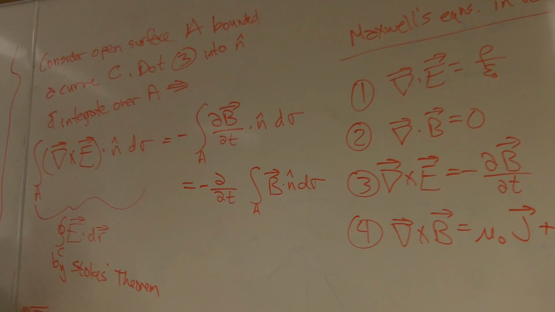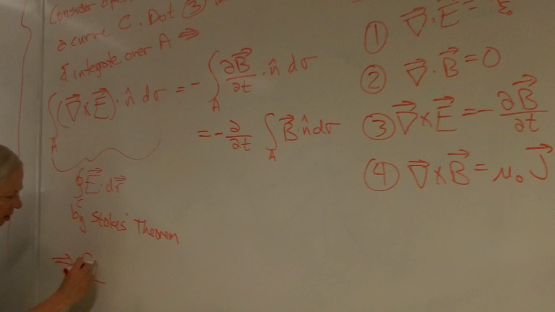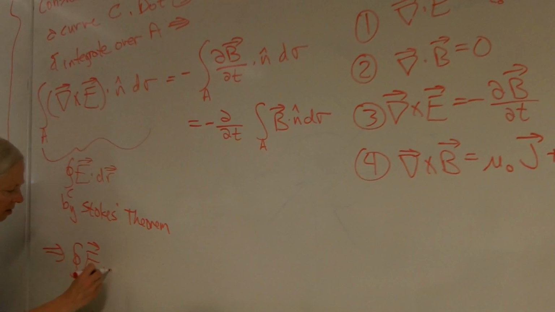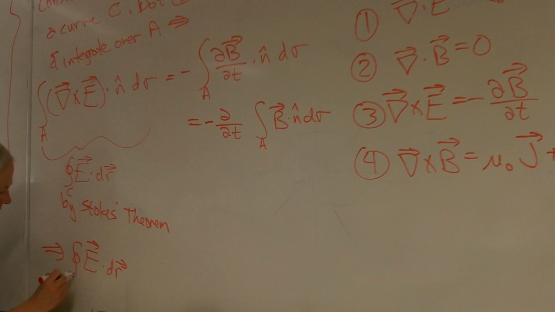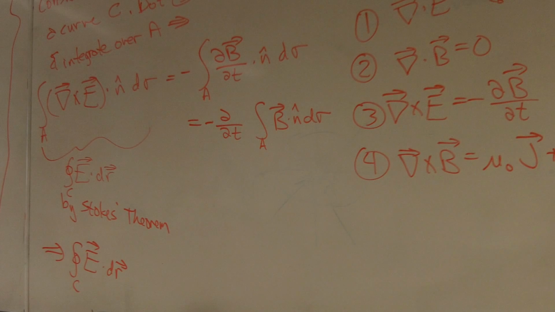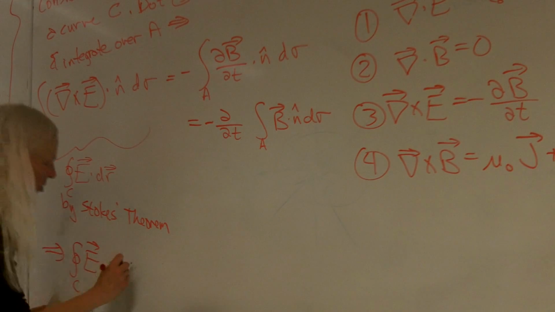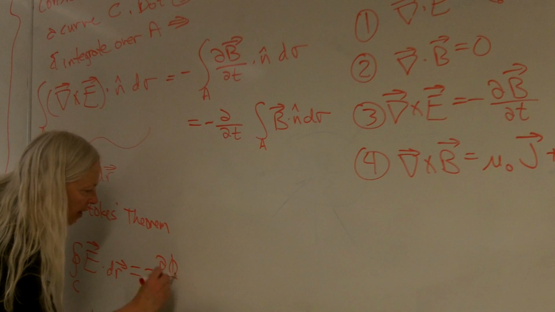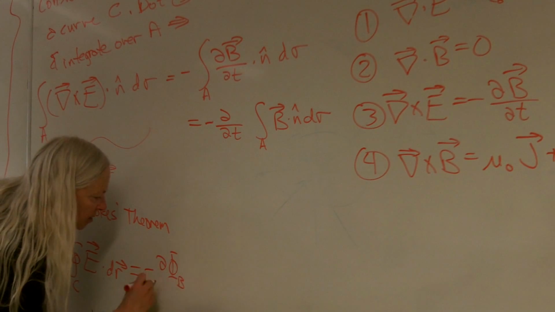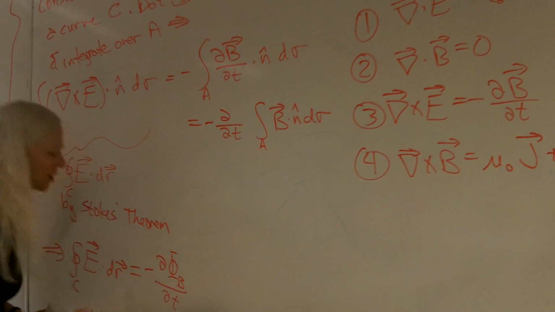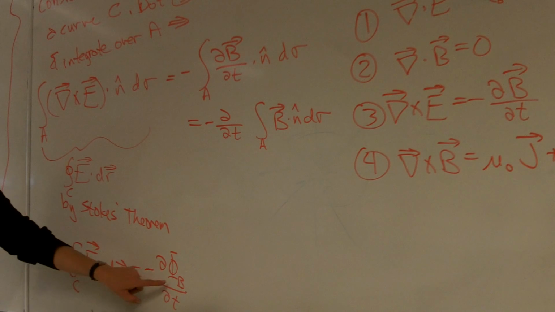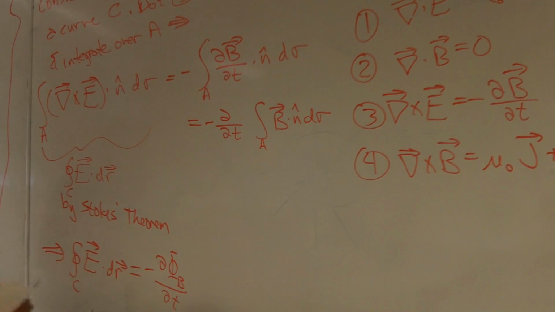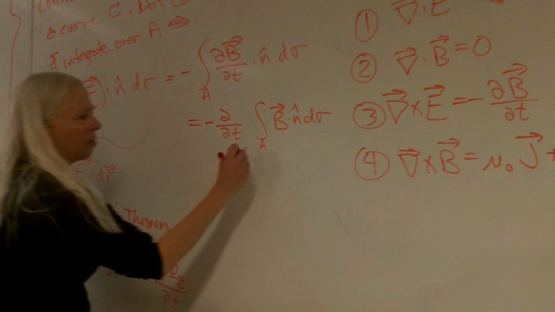So in other words, the final result of all of this is the integral of E dot dr around some closed curve C is equal to minus, sometimes you'll see this written as phi sub B, the derivative of that with respect to time. This is the magnetic flux, which is just shorthand for this integral right here.